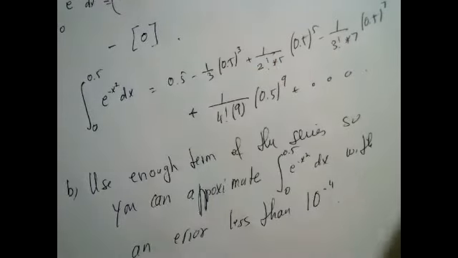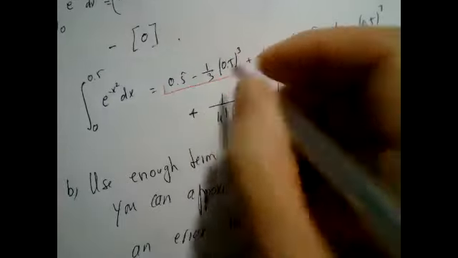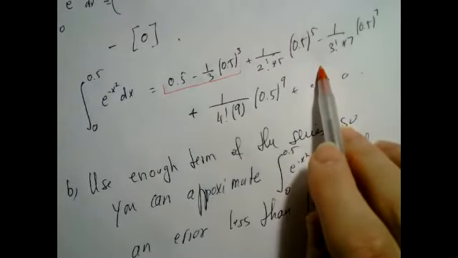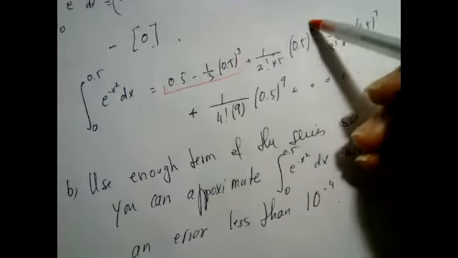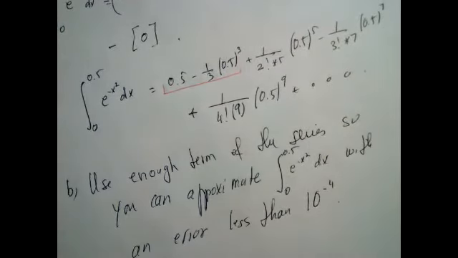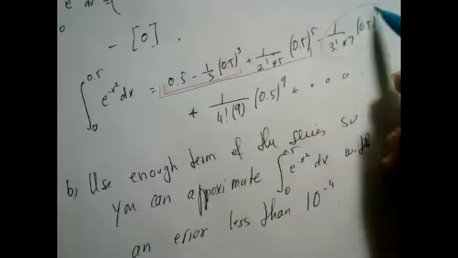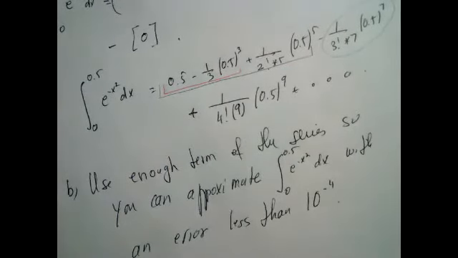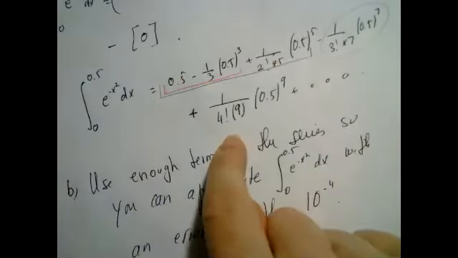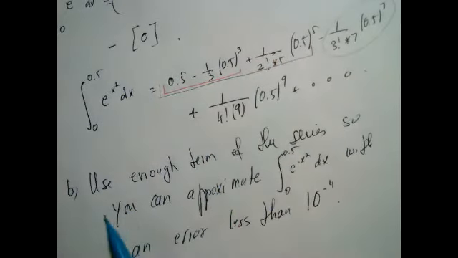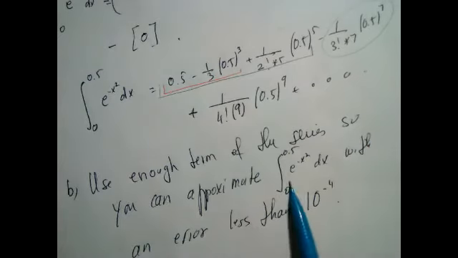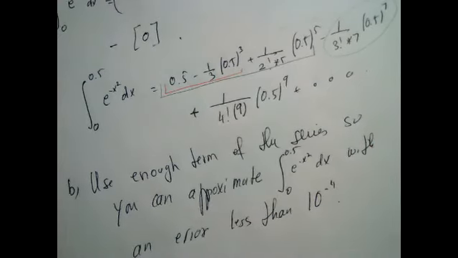If I use the first two terms to estimate the sum, the alternating series tells me that the error is less than the first term that we neglect. If I use the first three terms, the error is going to be less than that. If I use the first four terms, the error is going to be less than that. So the question is, use enough terms so you can approximate with an error less than 10 to the minus 4.